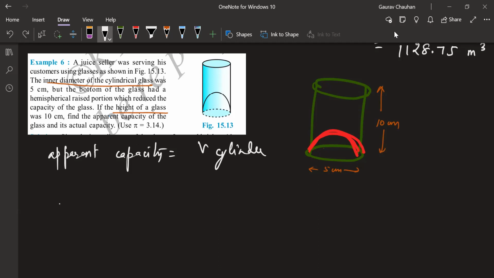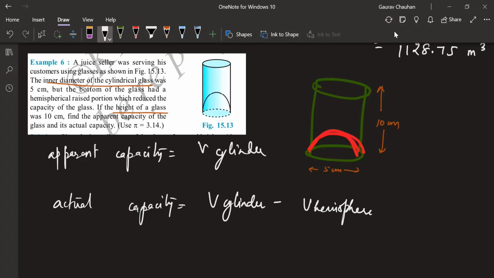And actual capacity is equal to volume of cylinder minus volume of hemisphere. We know all formulas here. Volume of cylinder is pi r square h minus volume of hemisphere, which is 2 by 3 pi r cube. We good? Shall we move ahead? Will you be able to do the calculation? Yes, sir.